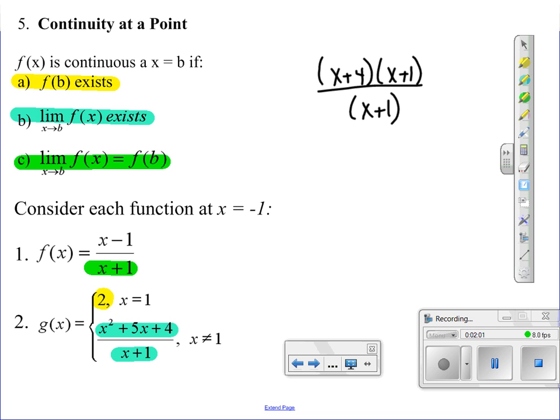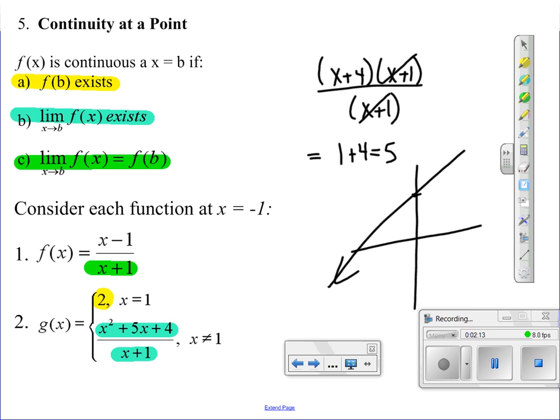In this case, that is not the case. When we replace x with 1, we get 1 plus 4, which is 5. So for this graph, it would be a linear function going through 4 with a positive slope, but at the point (1, 5) there would be a hole.